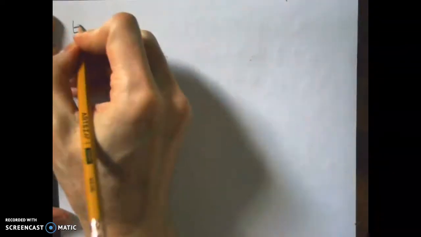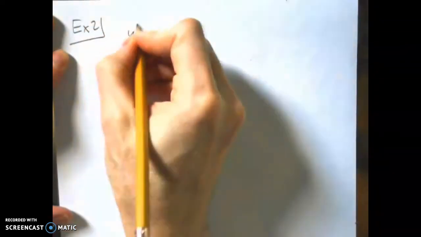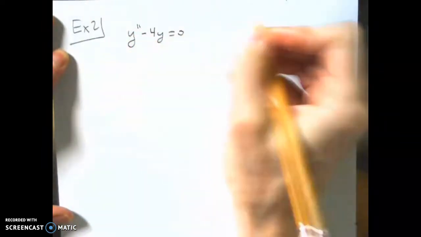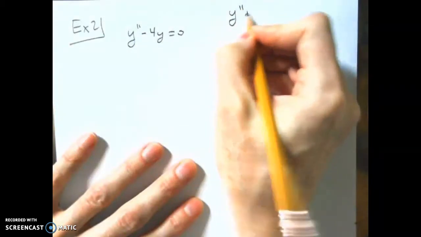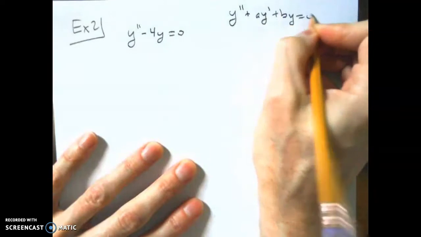So in the book, you've got an example, and this is much easier to use than the actual proof of what we just went over, why it works. So example 2 in the book. You have y double prime minus 4y equal to 0. Remember, our general equation is y double prime plus ay prime plus by is equal to 0.